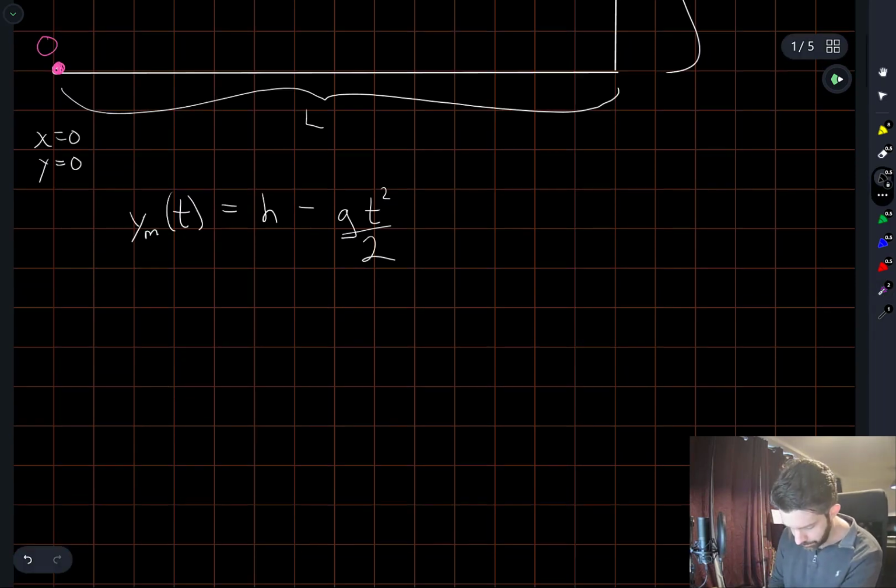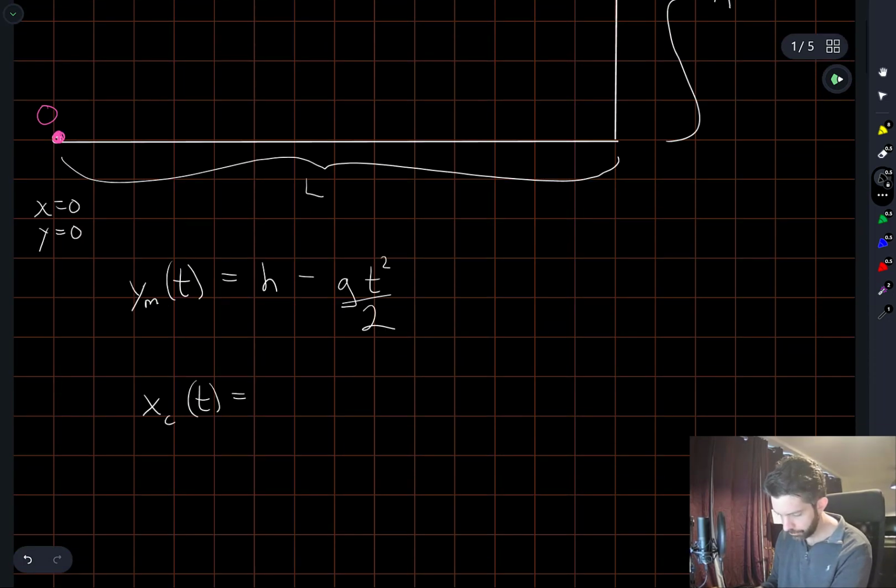So I'll write now the x position of the cannonball. So I will assume that the cannonball is fired with a speed equal to v.